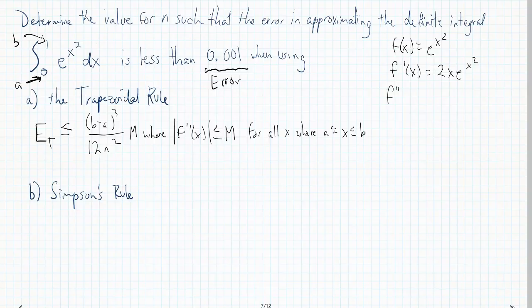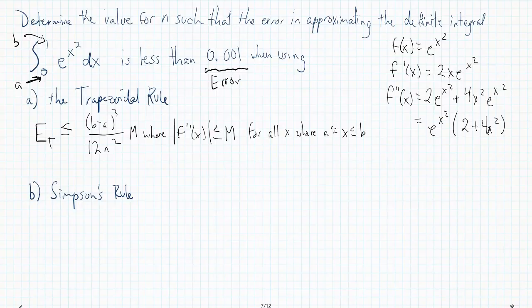That means f double prime of x should equal, well, we have to use the product rule now, and we get 2 e to the x squared, I believe, plus 4x squared e to the x squared. So notice we can simplify that a little bit. You get e to the x squared, and then we're left with 2 plus 4x squared for that second derivative. Now let's keep that in mind.